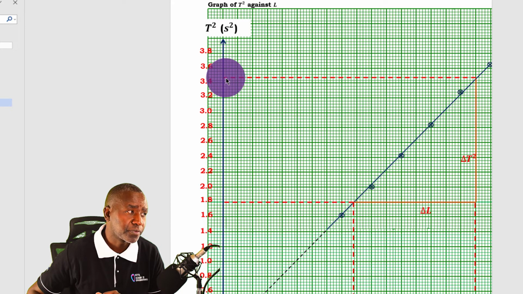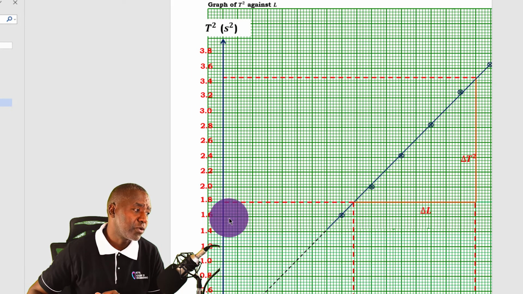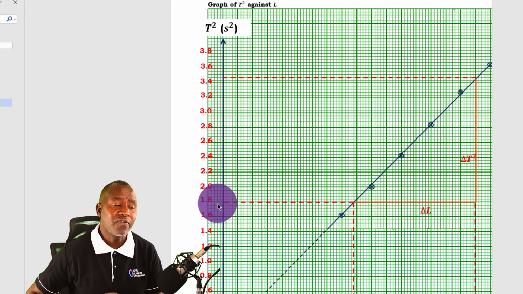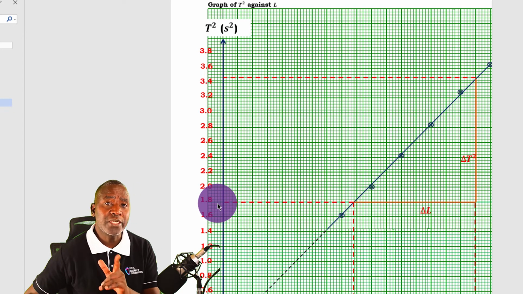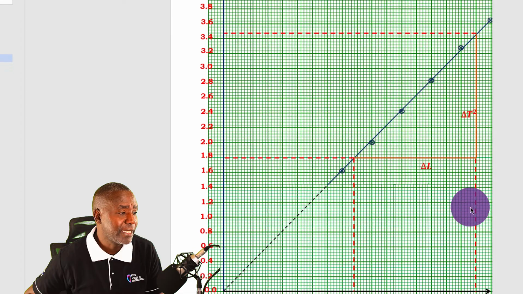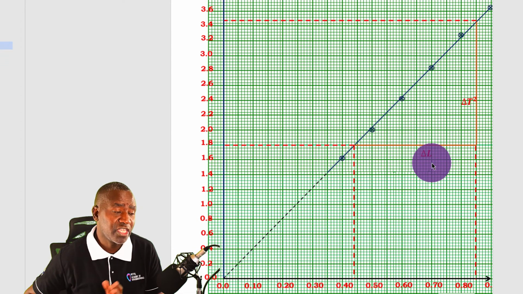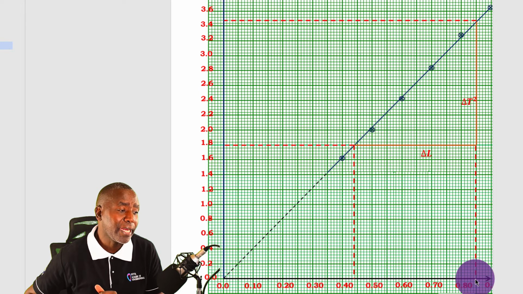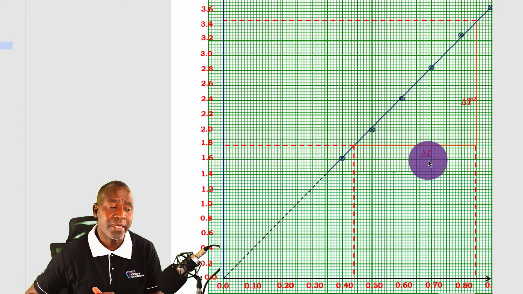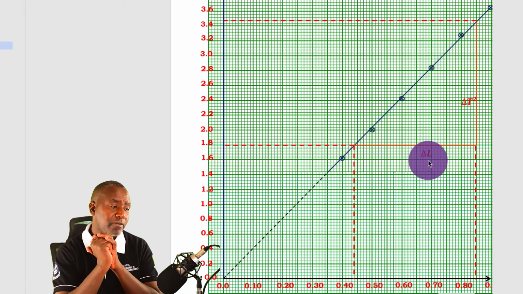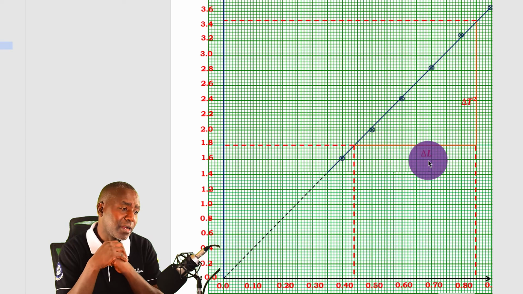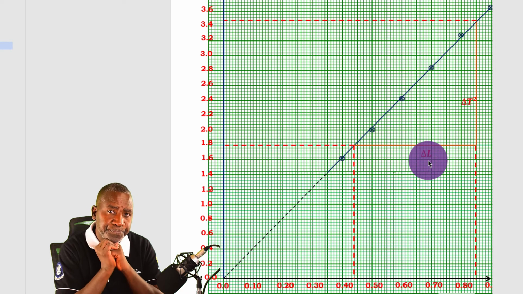So you find it there. You find y1 and then you find delta y is y2 minus y1. Similarly, delta x, or in this case delta L, is x2 minus x1, or L2 minus L1, because it's delta L that we are looking for, and the value on the x-axis is L.